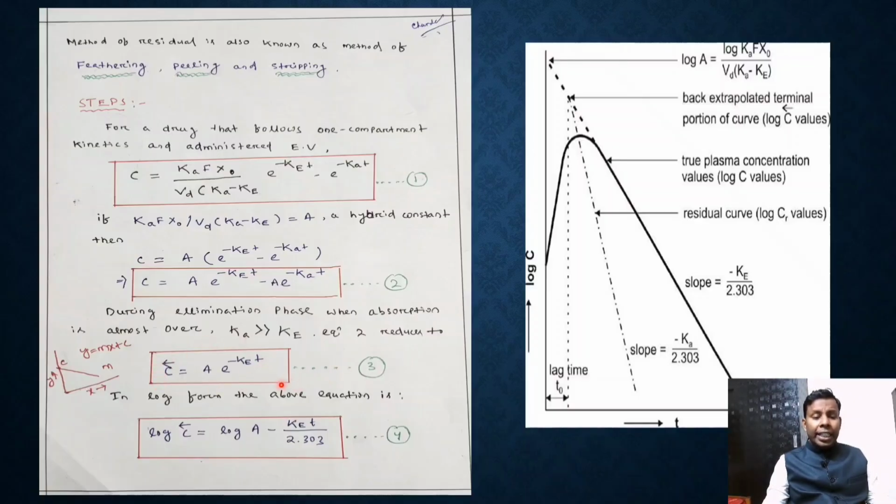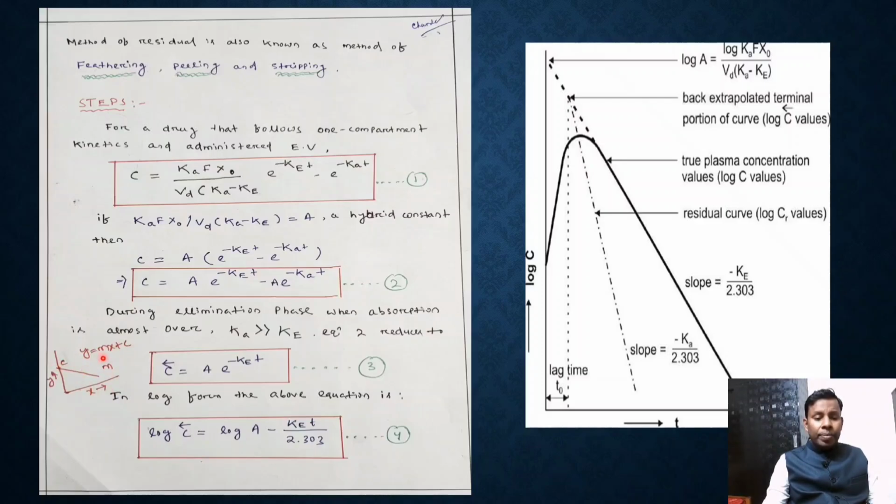Now if you take the log of both sides of this equation, it becomes log C back is equal to log A minus Ket by 2.303, and this is the same as the equation of a straight line, y is equal to mx plus c. In this, y stands for the value on the y axis, x for the value on the x axis, m for the slope of the line, and c for the y intercept.